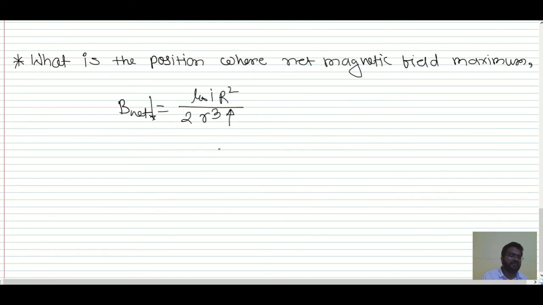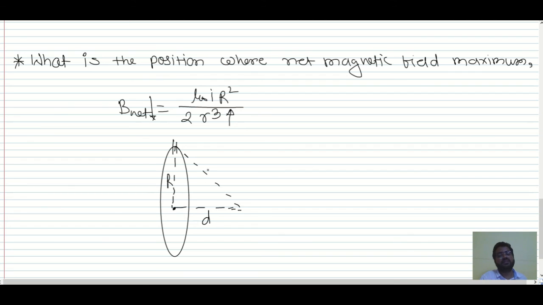The net magnetic field will decrease, and it will be maximum when r has the minimum value, and r will have the minimum value when d is equal to 0, as you can see over here. See, what is r? r is the smallest element possible, no? This is d squared plus R squared, whole root, is r.